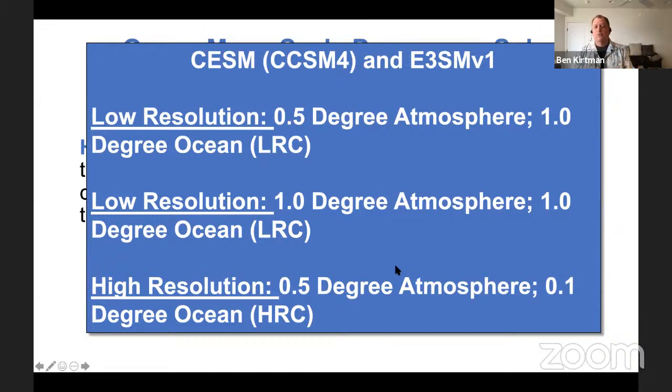Some of the results are clean, in the sense that we're using the same atmospheric resolution and comparing a tenth of a degree ocean to basically a 1 degree ocean. In some of the results, we've changed both the atmospheric resolution and the ocean resolution. I apologize for that, and I'll try to note in just about every figure which resolution version is being used.